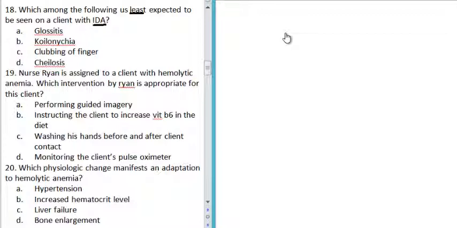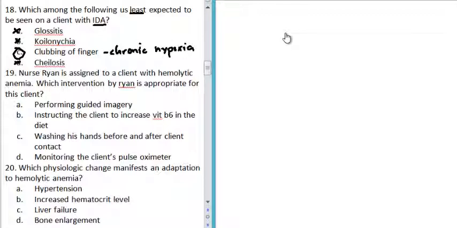IDA has glossitis. Eliminate A. Eliminate B. Eliminate D. Letter C is the answer. Because clubbing of fingers is seen on a patient who has chronic hypoxia.